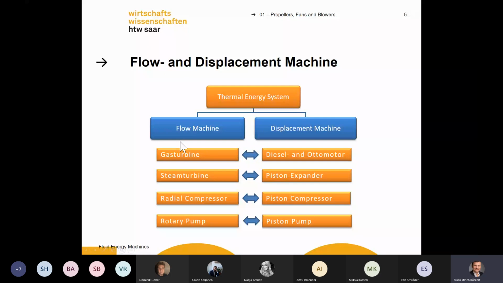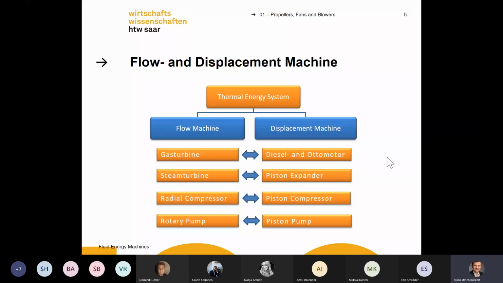On the other side, we have displacement machines. Maybe you all know displacement machines, for example, from the pump of your bicycle. That is a displacement machine. You have a piston or a rod, and you all know diesel and auto engines, and these are also displacement machines.